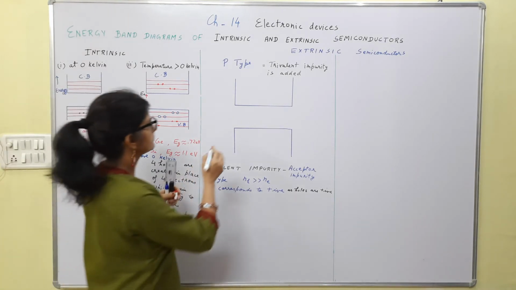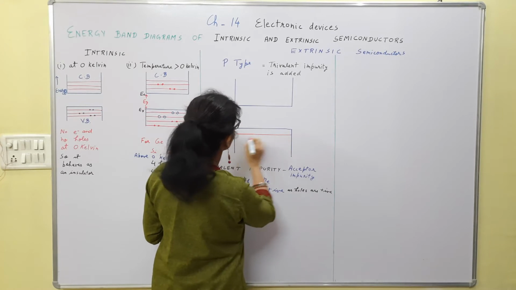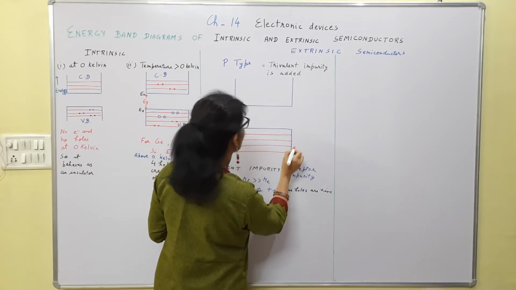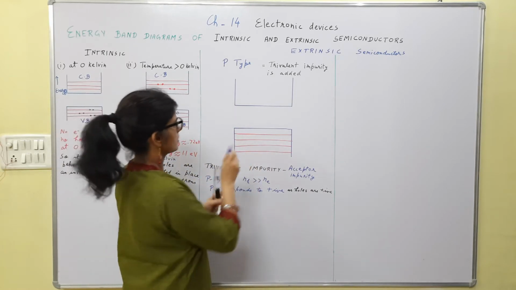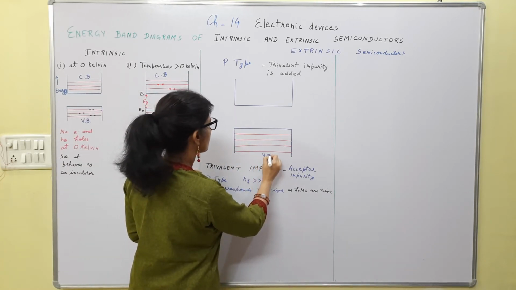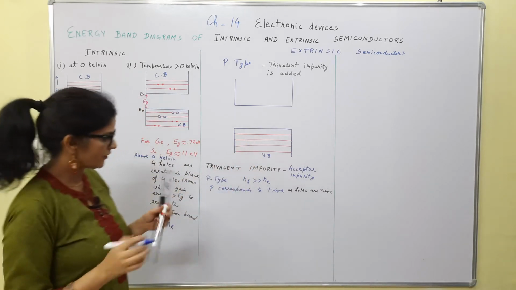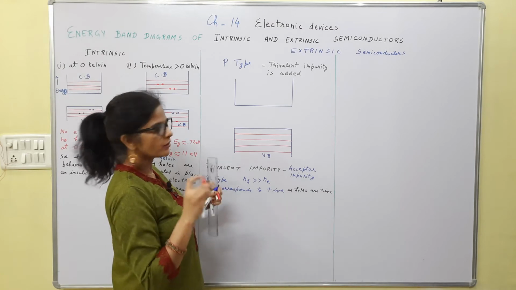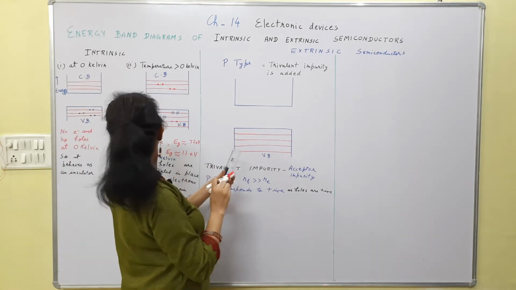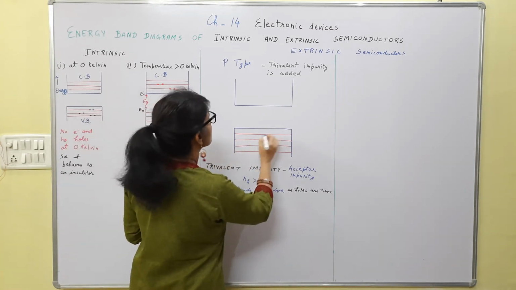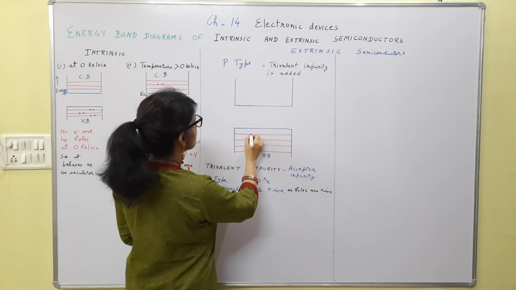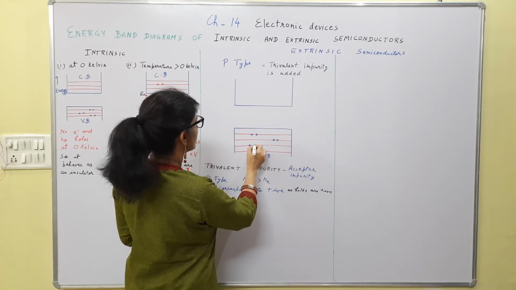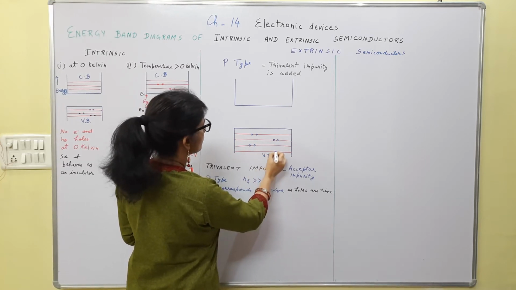Now, in the valence band, this is the valence band. In the valence band, these are closely spaced energy levels. Now here, with every impurity atom, an additional hole is created. So you can say here that suppose 1, 2, 3, 4, 5, 6, 7, 8.